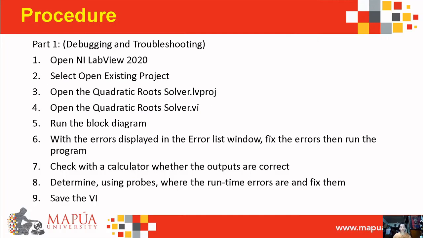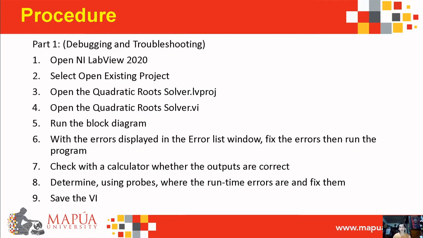Next, when we run the block diagram, it is to be expected that an error list window will pop up, which leads us to step 6, where we will be identifying each of the errors and fixing these errors. Then step 7 is to check with a calculator if our outputs are correct, or if our solved roots are correct.